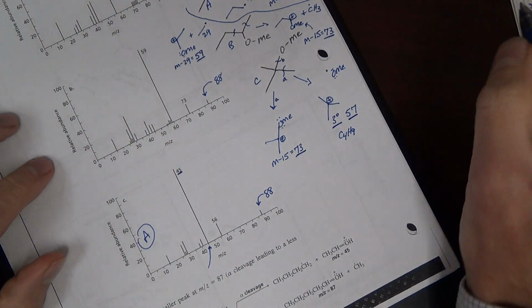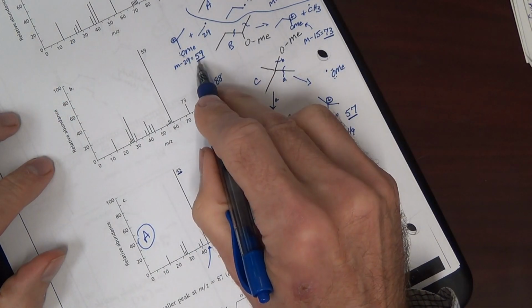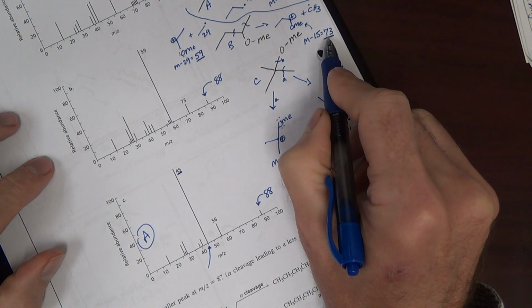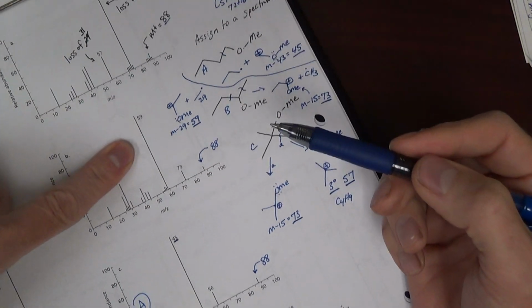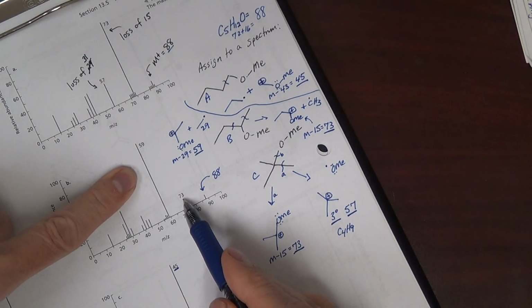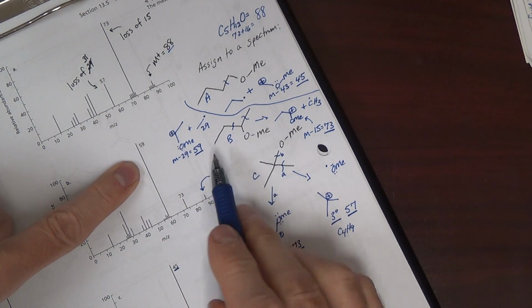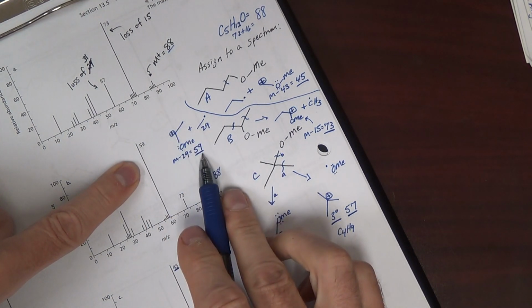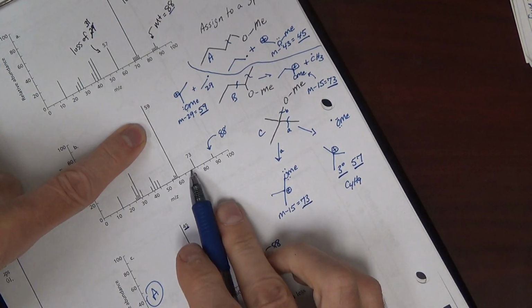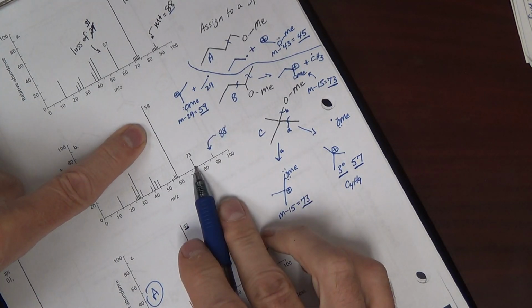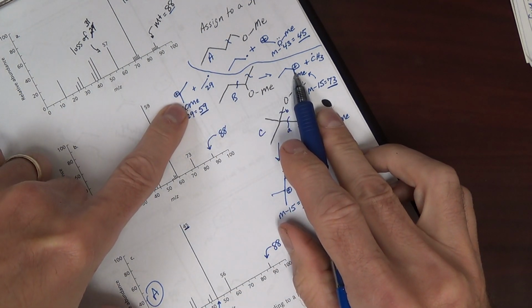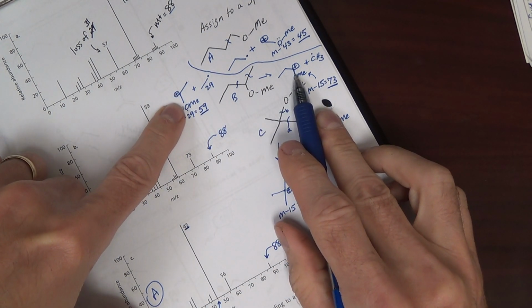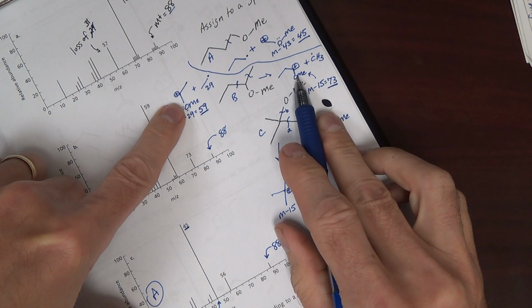Up here, the second compound, we predicted 59 and 73. This spectrum has a 59 and a 73. 59 is the base peak, as we might predict. 73 is less intense. Does that make sense? In both cases, we get a resonance stabilized carbocation from alpha cleavage.